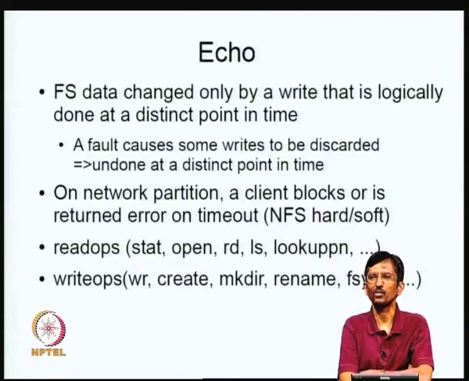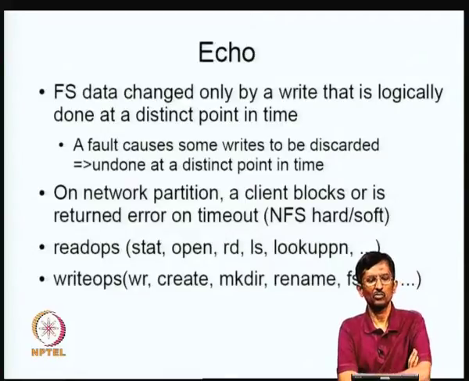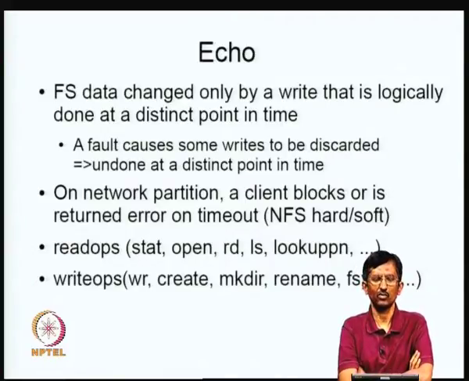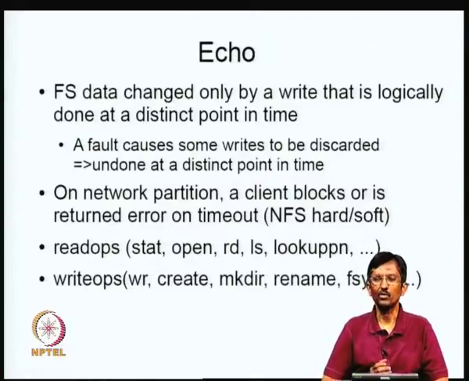Again, this also tries to do something similar. And for the same reason, if a fault occurs, it causes certain writes to be discarded. Again, this is done at a distinct point in time, so that you can reason about it without too much trouble.